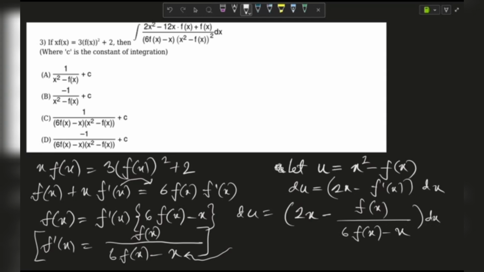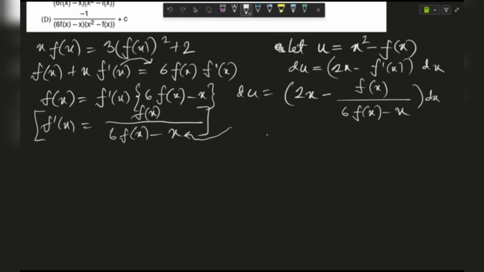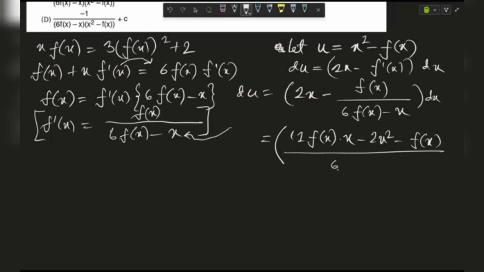So now I will change the page. I will try to manipulate this a bit. If we multiply this and take the LCM, this will become 12 f(x) into x, minus 2 (x squared minus f(x)), whole divided by 6 times (f(x) minus x), whole dx.